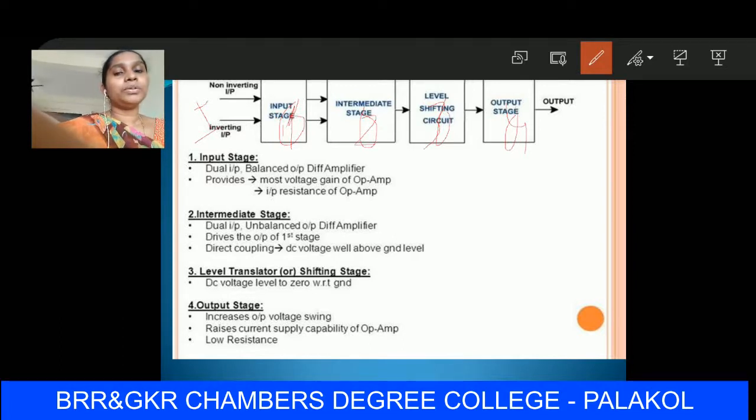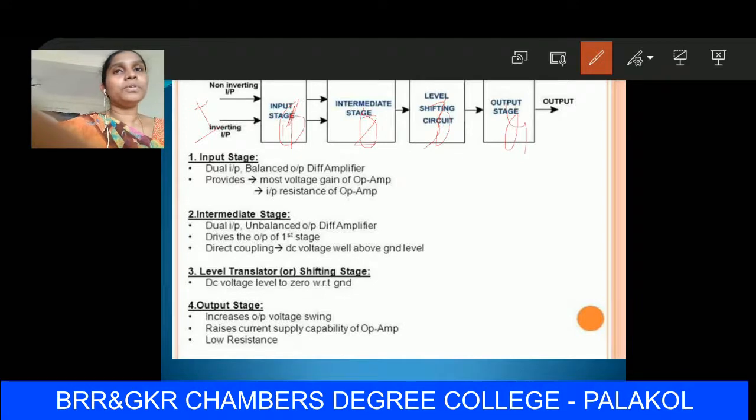Next, coming to the second stage of the differential amplifier block diagram. The second stage is the intermediate stage. In the intermediate stage, we use a dual input unbalanced output differential amplifier.